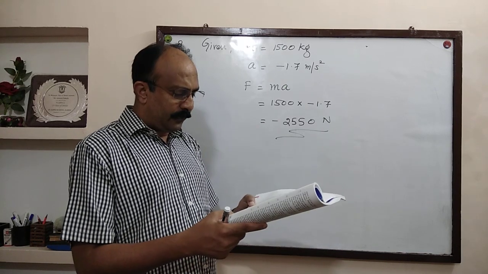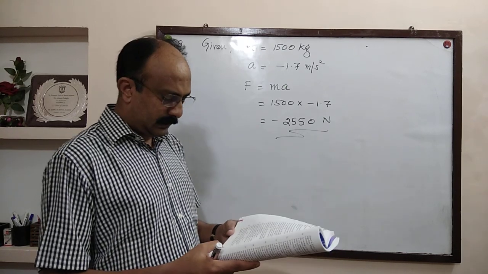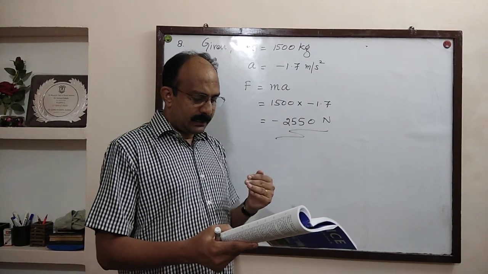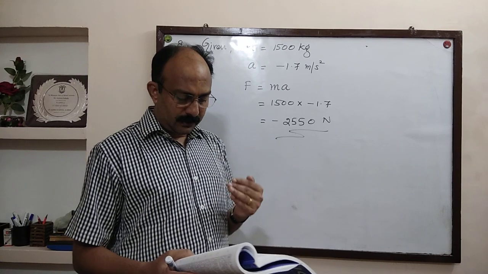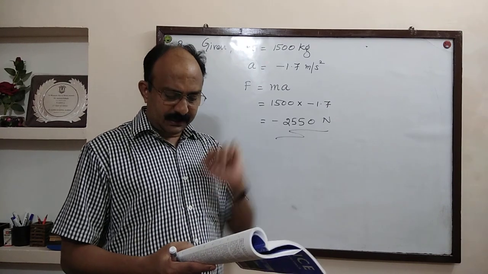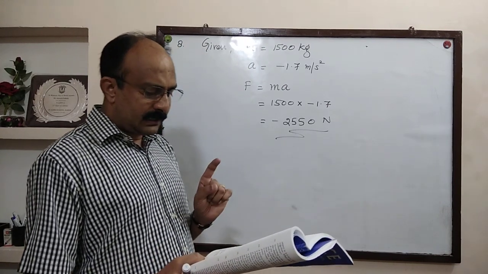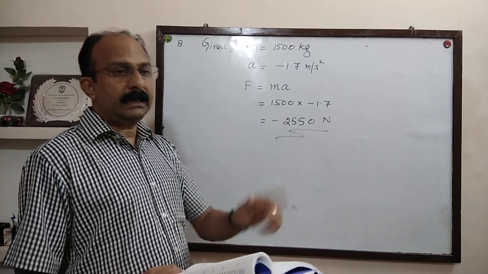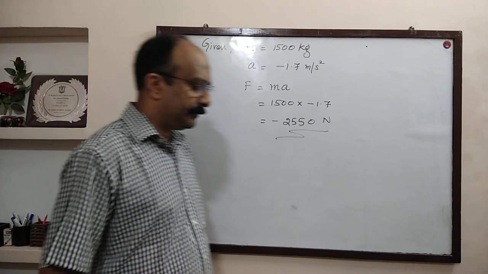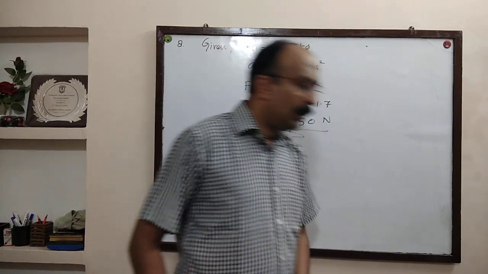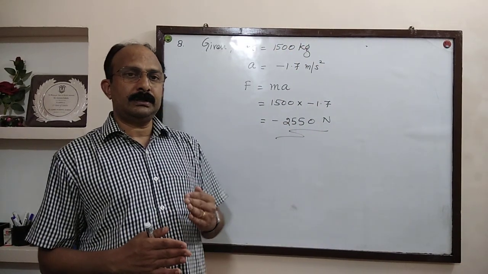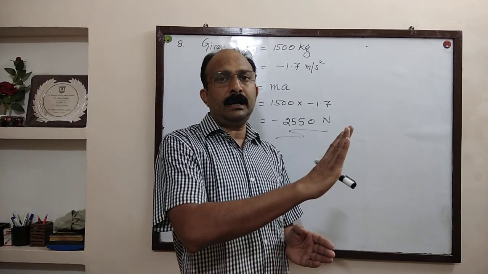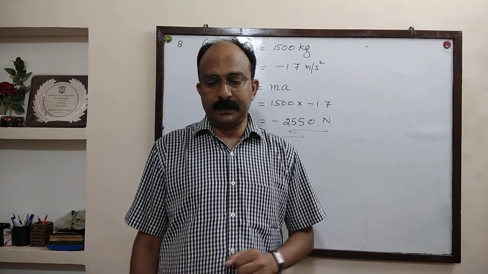Using a horizontal force of 200 Newton, we intend to move a wooden cabinet across a floor with a constant velocity. What is the friction force that will be exerted on the cabinet? We know that always an opposing force is acting on the bodies whenever these bodies are moving on any surface.